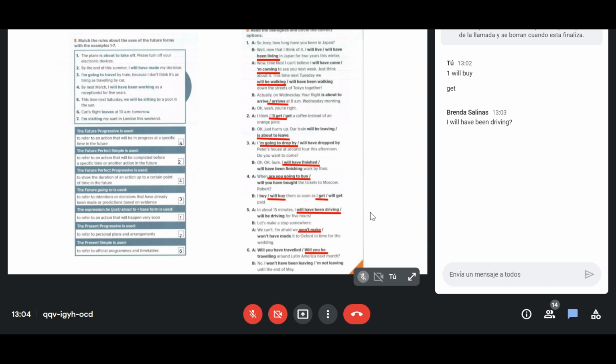Very good. Pay attention. We will use this won't have been living when we have one specific duration of this action. And in the case of the present progressive, we say when we have already planned to do this. So I'm not leaving until the end of May. We already decided that. So we use the present progressive.